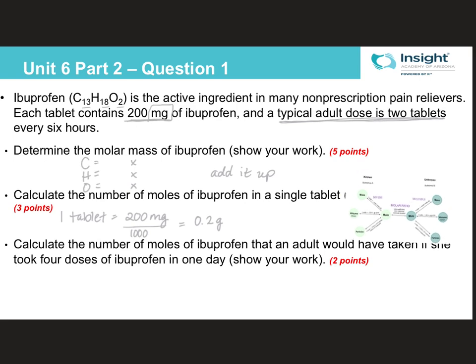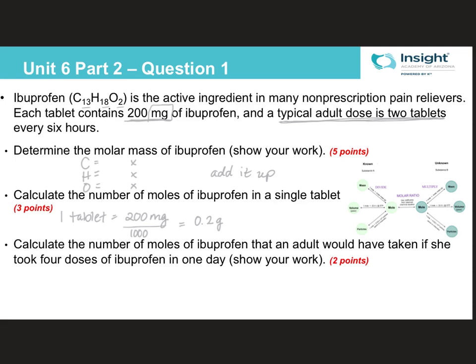So you have mass, that's your 0.2 grams, and you need to convert it to moles. Your molar mass is going to come from the question before that, and you're going to divide by that molar mass. It will be a tiny number, very, very tiny number.